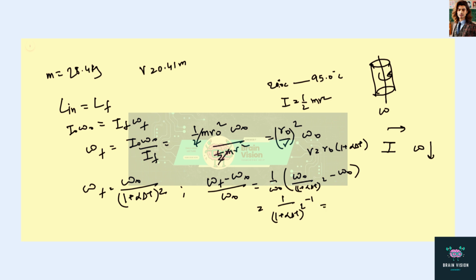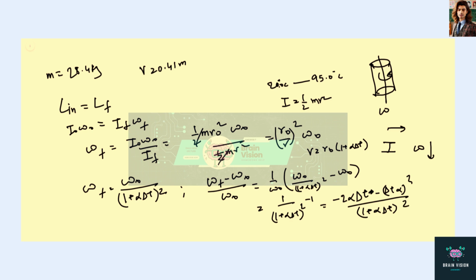Now this is simply minus 2 alpha delta t minus (delta t times alpha) whole squared divided by (1 plus alpha delta t) whole squared.